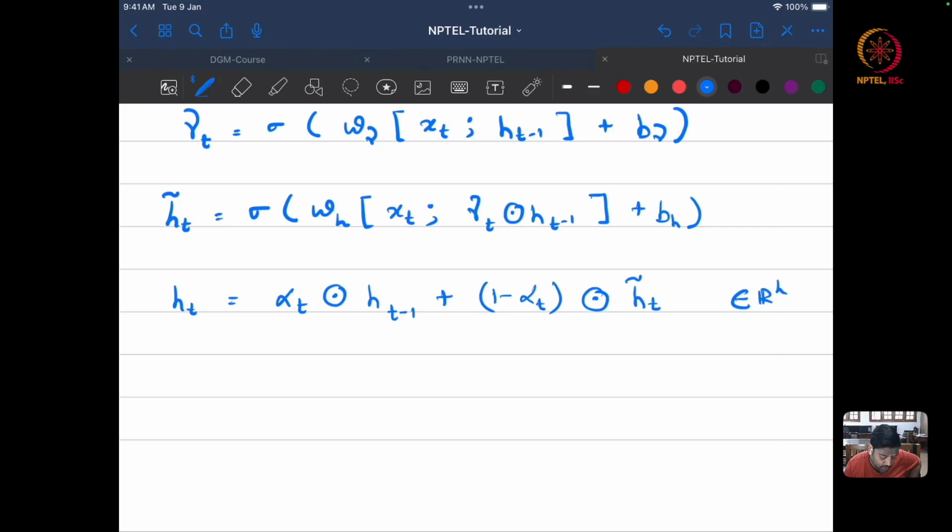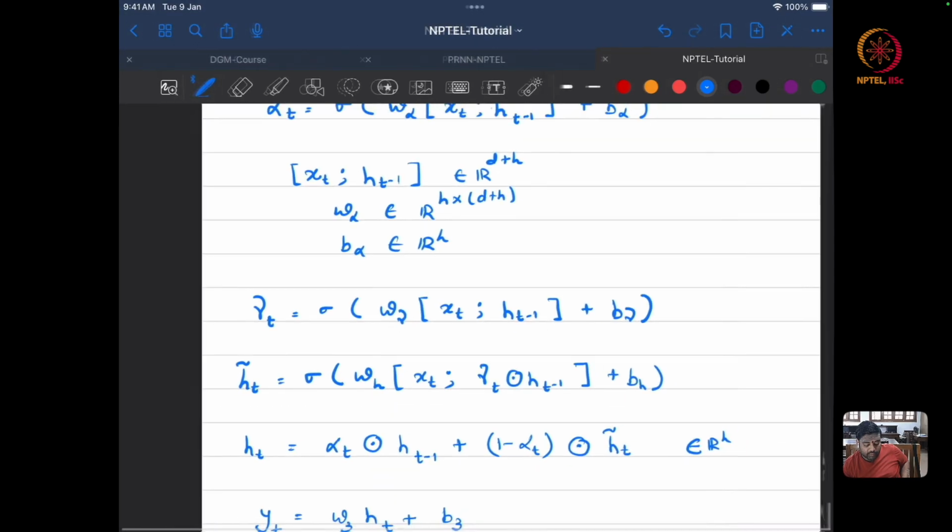This belongs to R^H. And then you have y_t, which is W3 h_t plus b3, that we have obtained from our previous discussion of RNNs. Okay, and this is how the transformation actually happens.